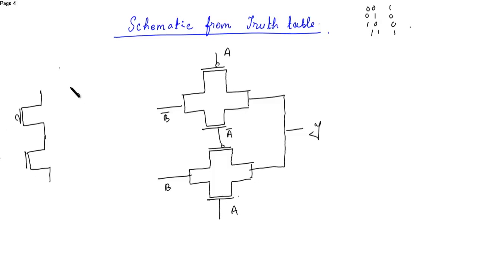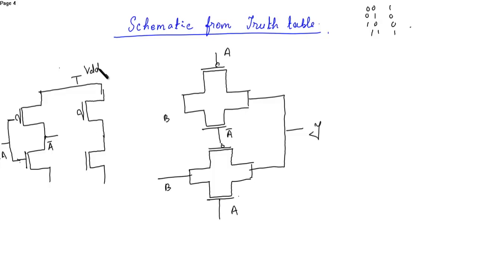Okay, this is input A, this is the output A bar. Similarly, we need one more inverter. Okay, now this is connected to VDD and this is connected to ground.